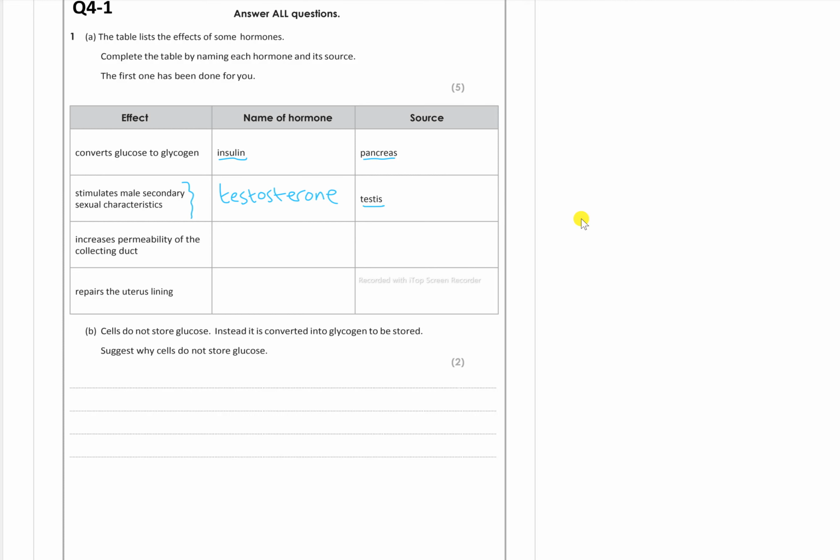Increased permeability of the collecting duct is antidiuretic hormone, and that comes from the pituitary gland. Some hormones also come from the hypothalamus. Repairs the uterus lining: estrogen, and it's produced in the ovaries.